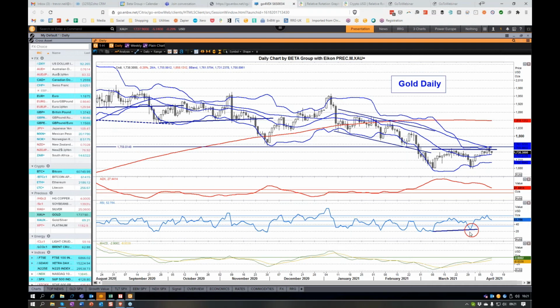The RSI is higher on the second low of what might be a double bottom, which is bullish. The MACD has turned bullish, and so I think this is quite likely to make that break. I think we're building up here at an area of long-term support. We're finding a chart pattern being formed, potentially a double bottom.